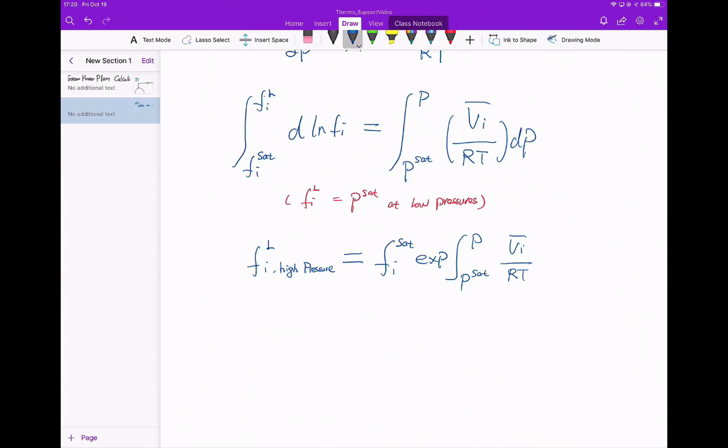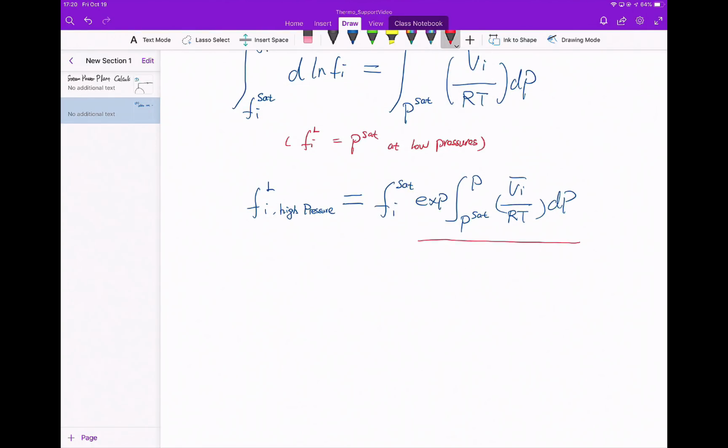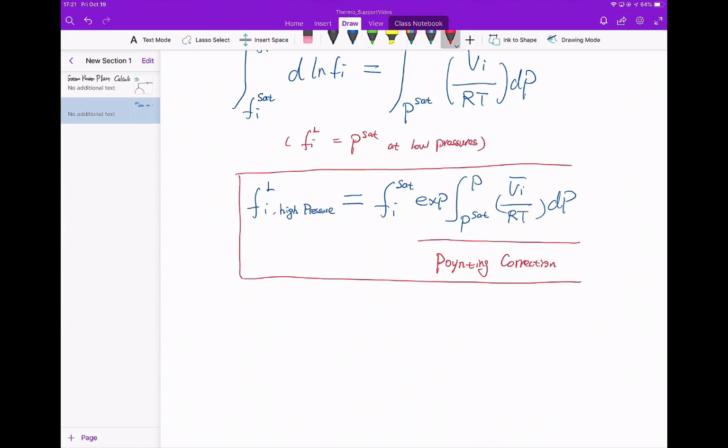Have not evaluated that yet, so put everything all together. I call this a correction because it's too complicated and I don't want to calculate it, so we just call this the Poynting correction. Alright, so this is the equation for a general liquid phase.